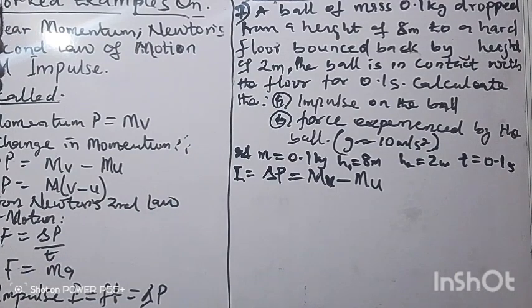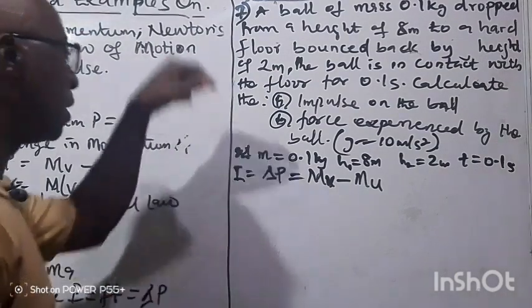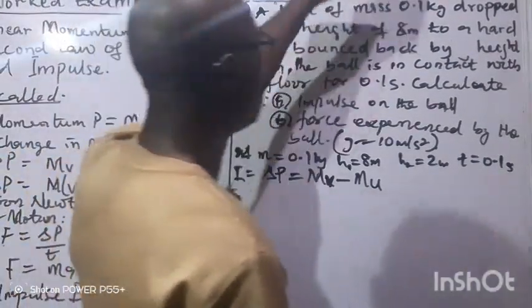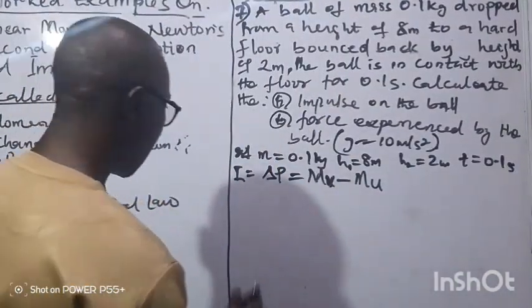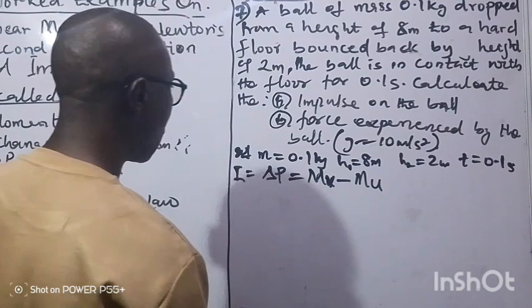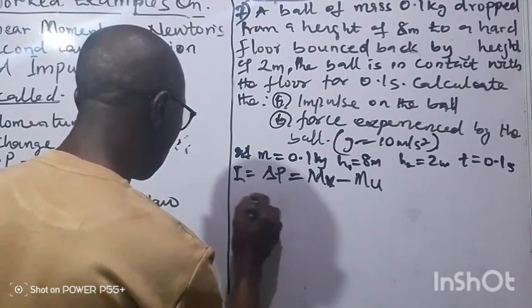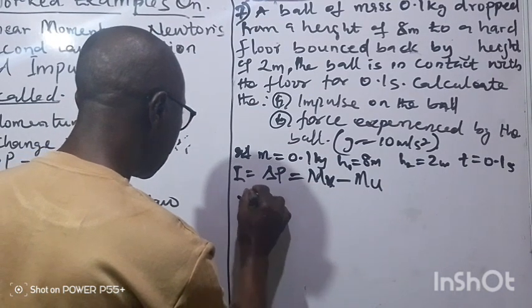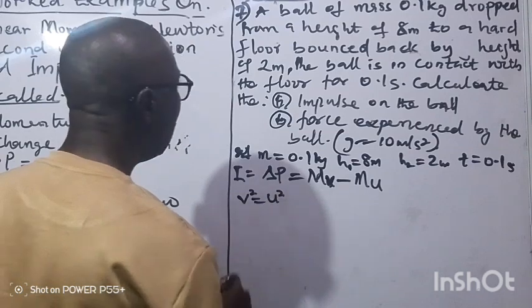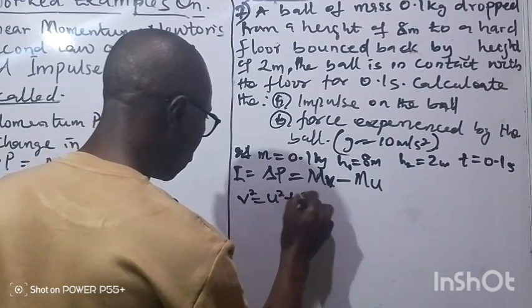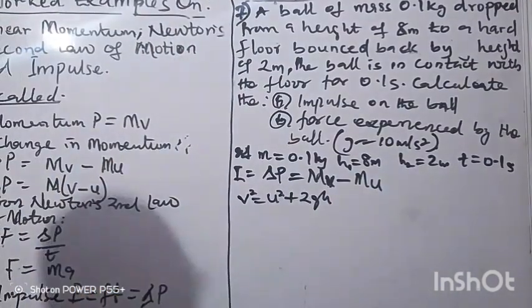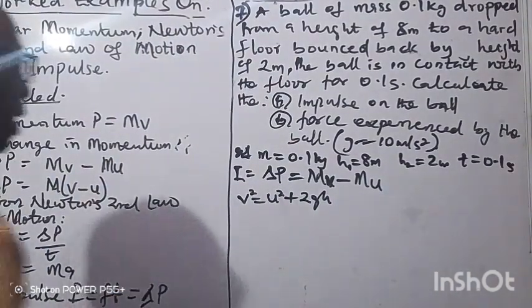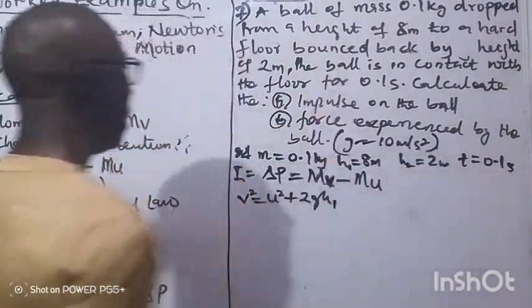When the ball is moving from that height to the ground, the correct formula to calculate v is v squared equals u squared, moving down, plus 2gh, because g is given in the question. And this h will be H1, the height that we called H1.